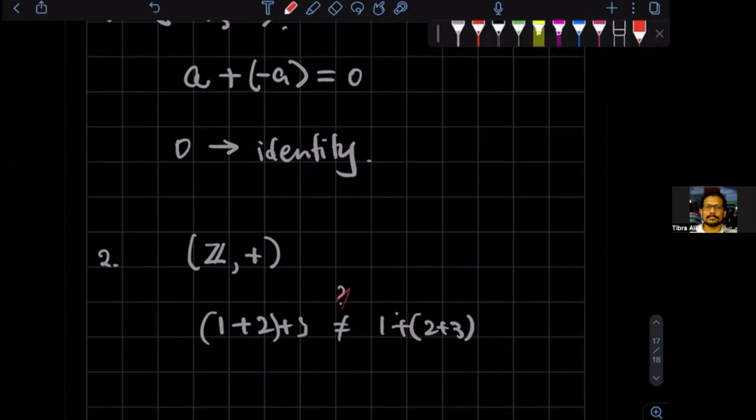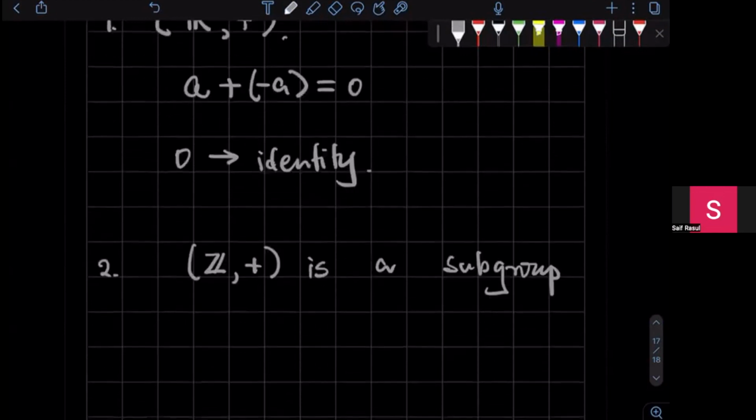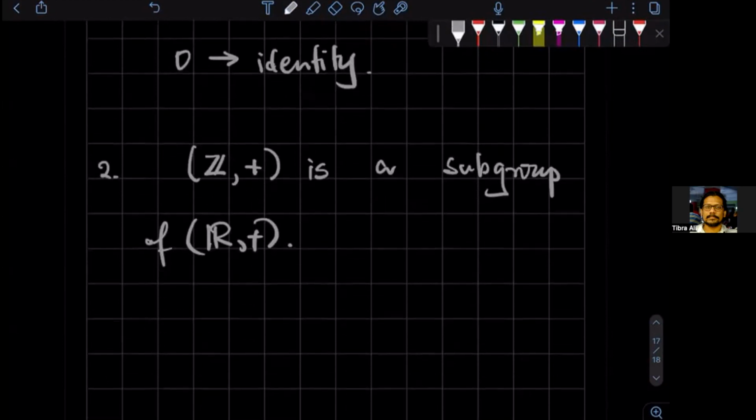Oh, this is plus, sorry, yeah. Addition. Okay, so it is associative, right? So it is a group, but is it a subgroup of something? Real numbers. Yes. Of this guy, right? Yeah. Very good.